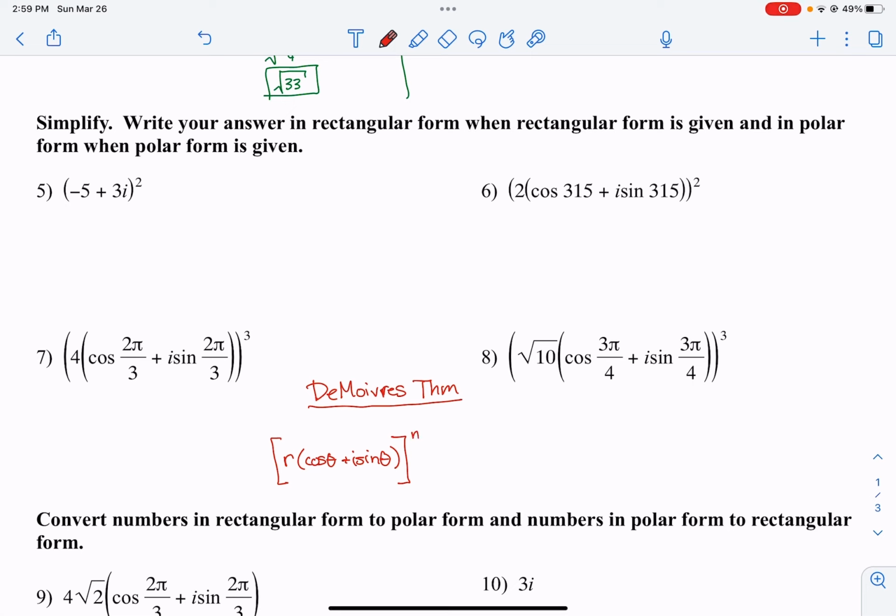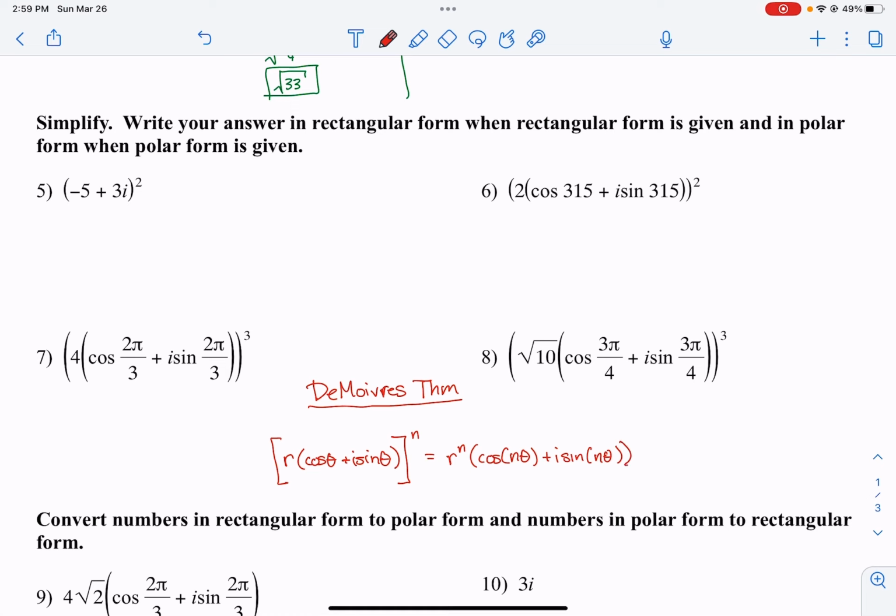It's just some natural number, right? Like 2 or 3 or 4. That is going to calculate out to the same answer as taking r and raising that to the n times the cosine of n times theta plus I times sine of n times theta.